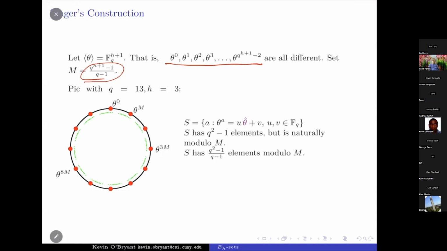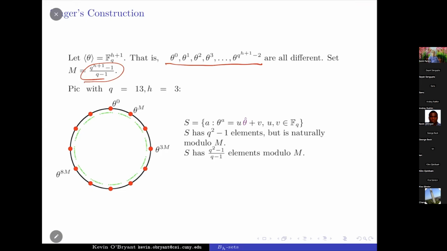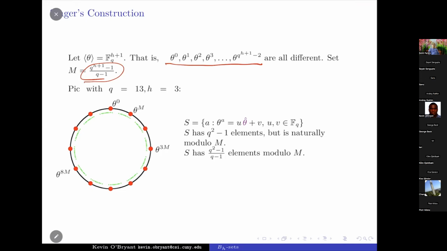If you look at the powers of M, of course, F sub 13 to the fourth has F sub 13 as a subgroup of the multiplicative group. And that multiplicative group has 12 elements. So we see these red numbers here like numbers on a clock going around.